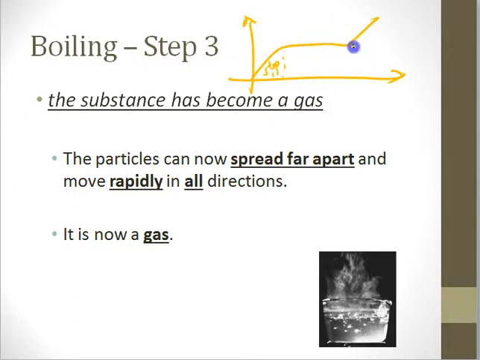Step 2 is here, where the temperature remains constant. Let's write the axes, temperature and time. And step 3 is here, where the substance has totally become gas. So they are far apart, moving rapidly in all directions.